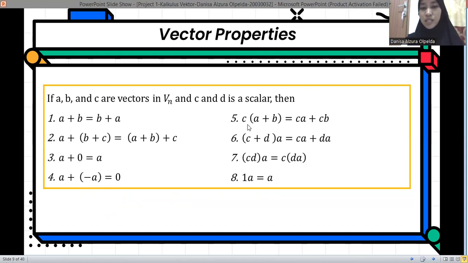Fifth, C times A plus B is equal to C times A plus C times B. Sixth, C plus B times A is equal to C times A plus B times A. Seventh, C times B times A is equal to C times BA. Eighth, 1 times A is equal to A.